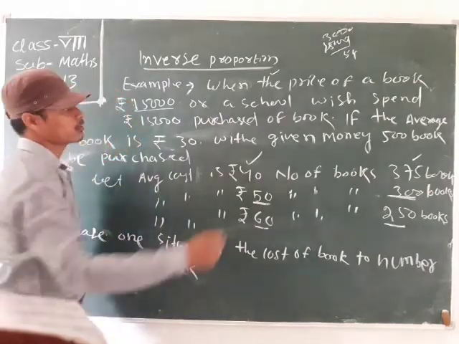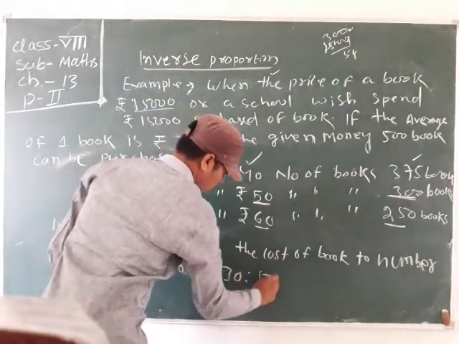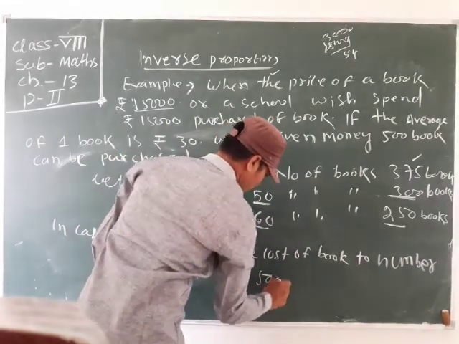Here the cost is 30 rupees, so we write 30 is to 500.